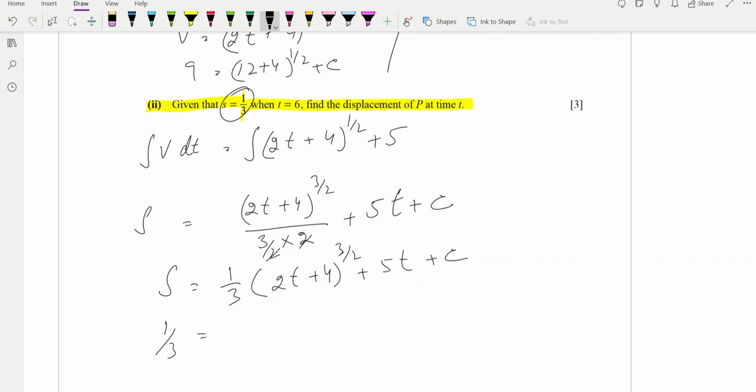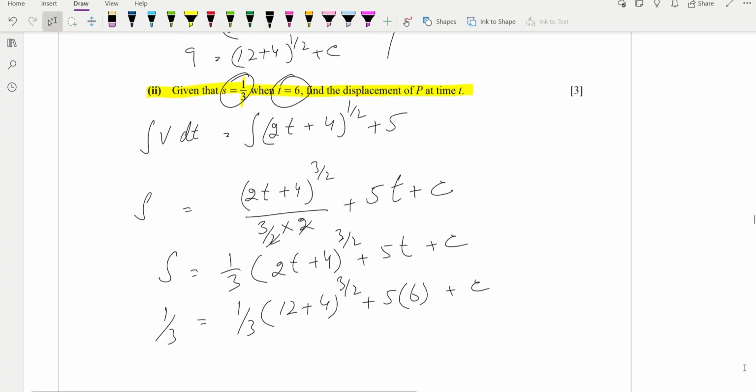They have given the value of s as 1 by 3, so we replace: 1 by 3 is equal to 1 by 3 into 2t, where t is 6, so 12 plus 4 raised to the power 3 by 2, plus 5 into the t value, which is 6, plus c. We can simplify this.